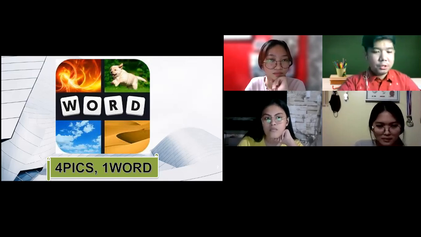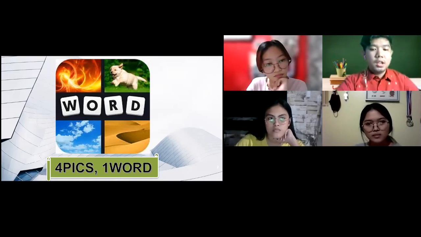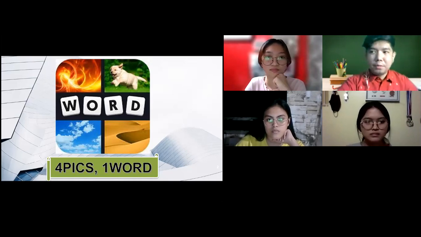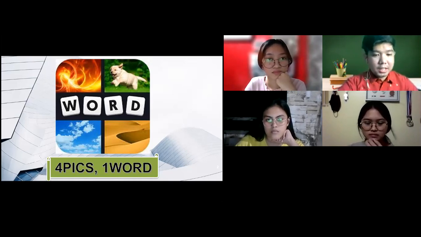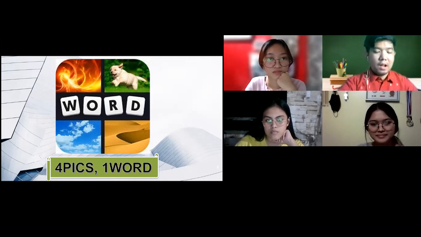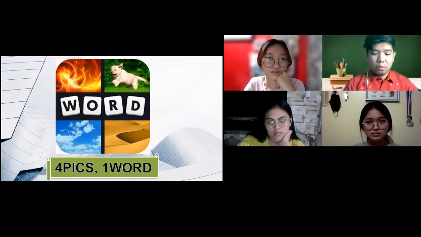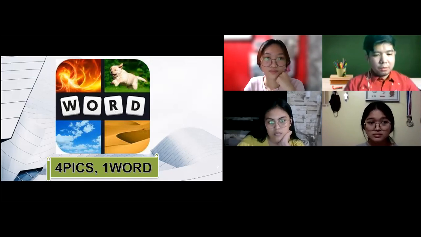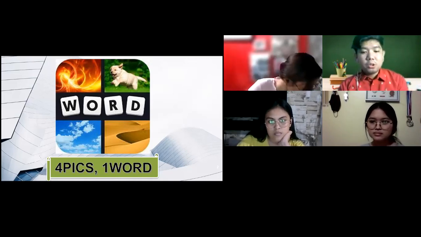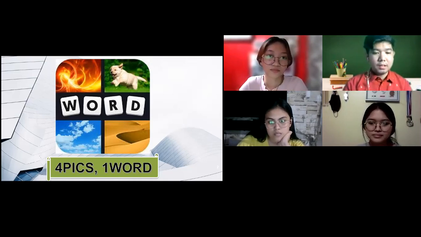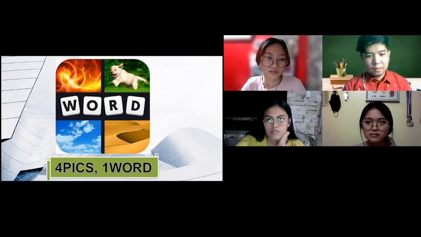All four pictures are interrelated to each other, and they pertain to only a single meaning or a single word. That's why it is called 4 Pics 1 Word. Don't worry, I made this not difficult. I also indicated the word that you are going to guess, but the letters are jumbled.